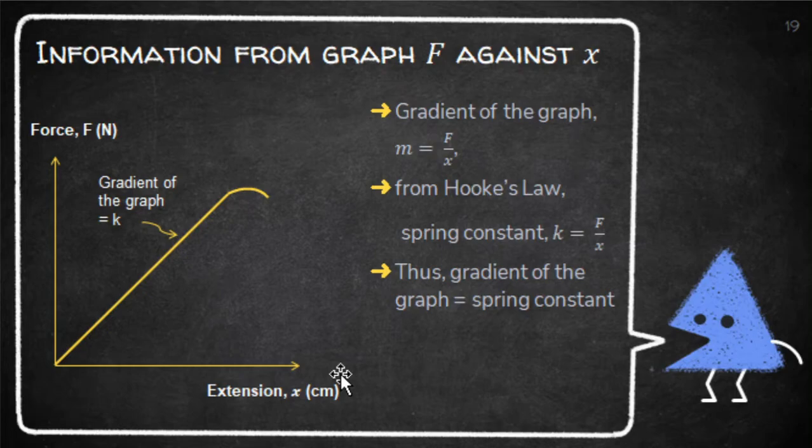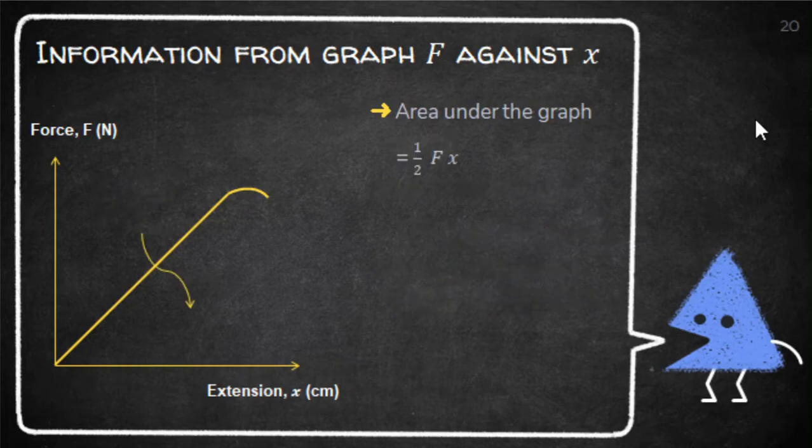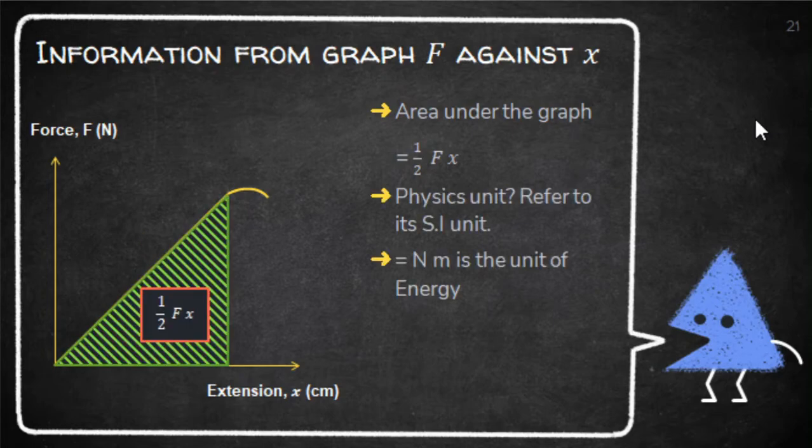So we have the gradient of the graph here, and the gradient of the graph represents the spring constant. That is the second information from graph of F against X. Now, area under the graph equal to half Fx. The shape of the triangle here is the area under the graph and it represents energy. How do we know that it represents energy?